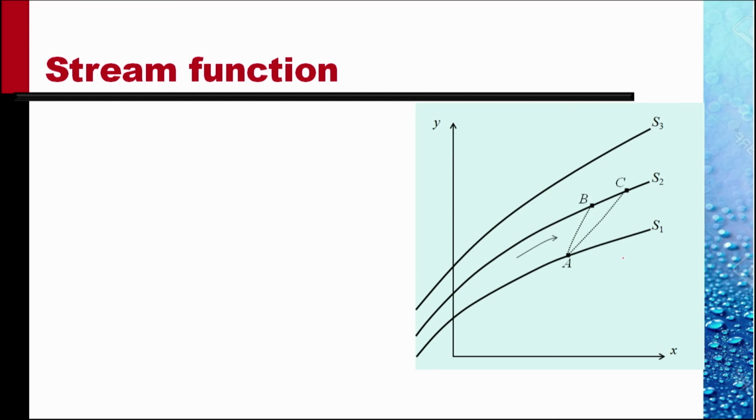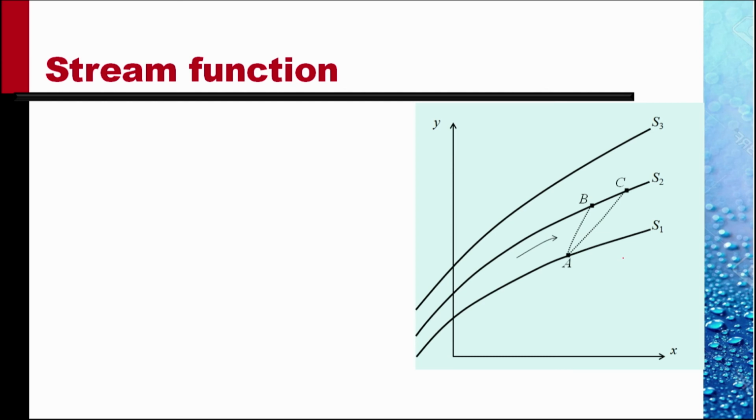Clearly the flow across AB must be the same as the flow across AC. So as before, the flow between two streamlines is constant. The two streamlines actually act like a conduit for flow. No flow crossing the streamlines.